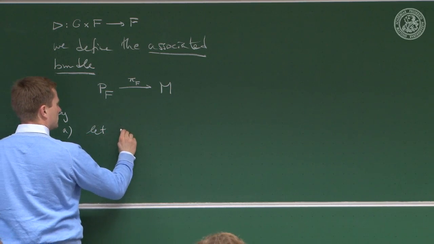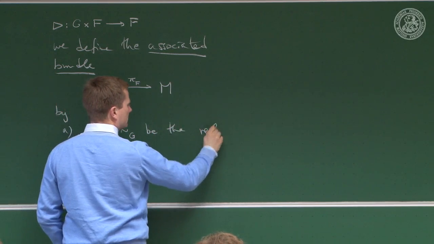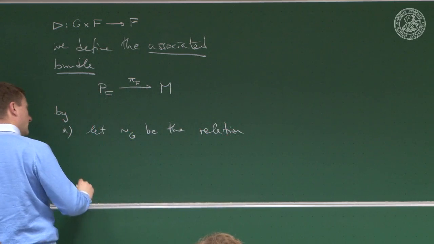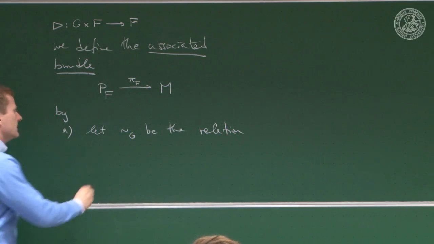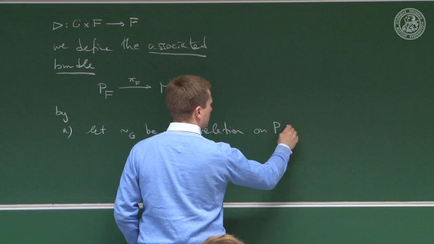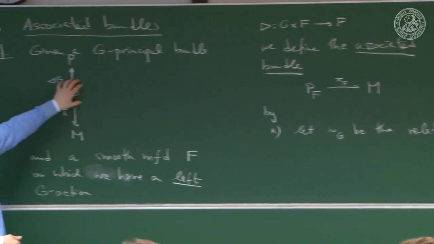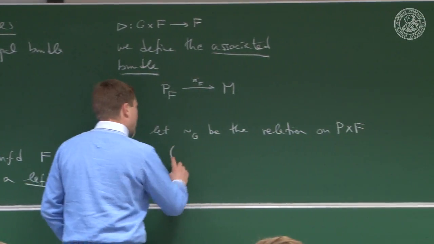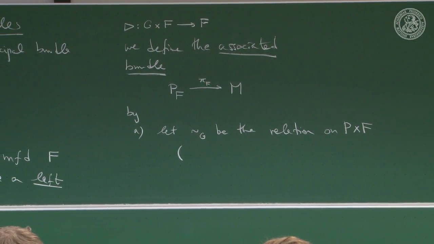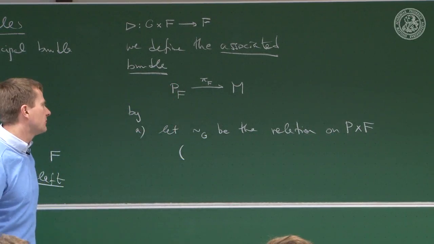So let twiddle G be the relation on P Cartesian product F. So first of all, we take the total space of the principal bundle and attach to each point of the total space this manifold F. But that's a very big manifold then. We'll make it smaller, again, by defining an equivalence relation and then only looking at the quotient space.